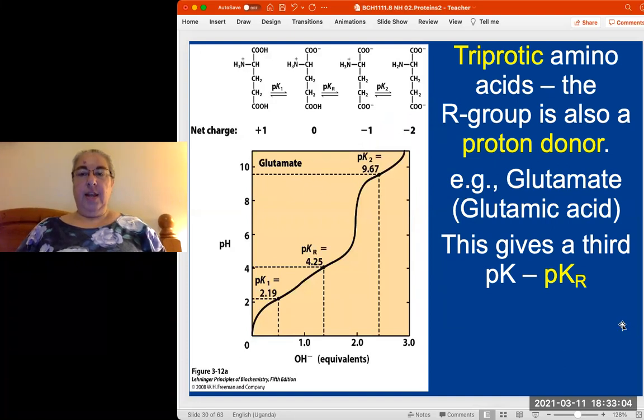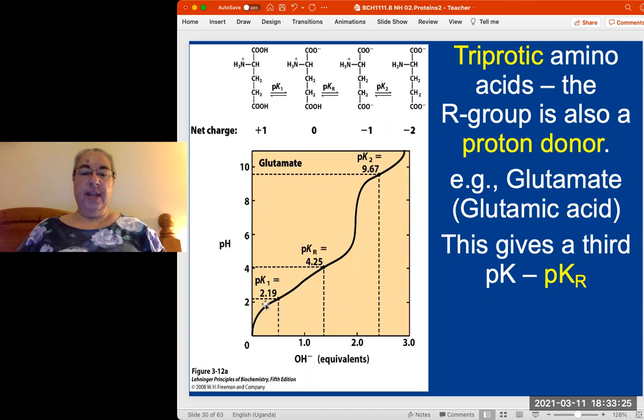I mentioned earlier that triprotic amino acids are also able to release a proton from their R group. The R group is also a proton donor. So the example I have for you here is glutamate or glutamic acid.